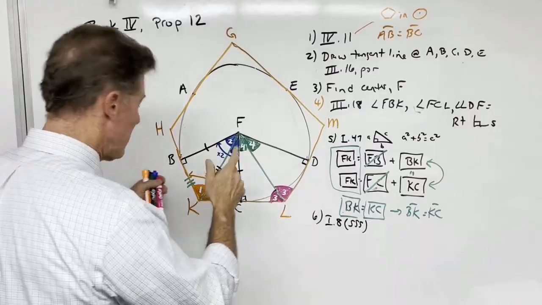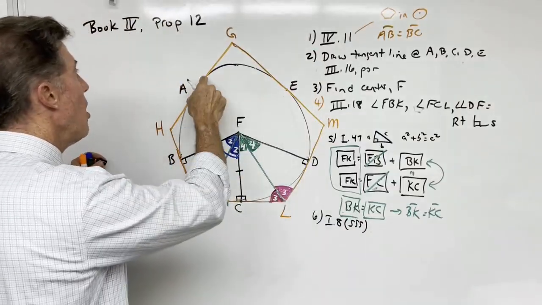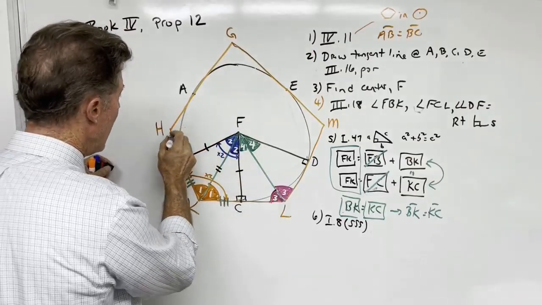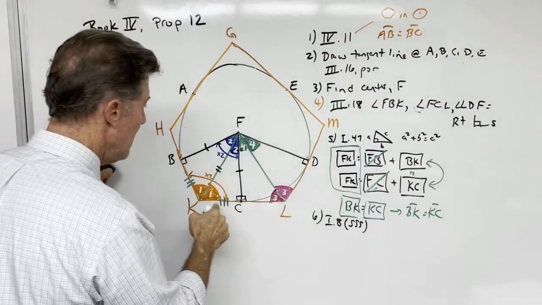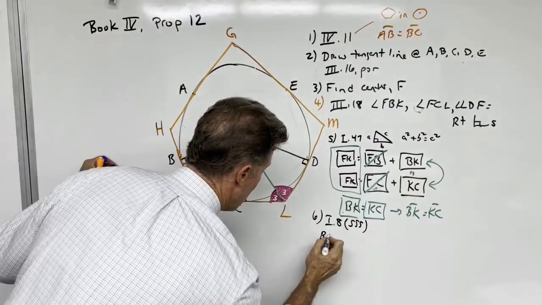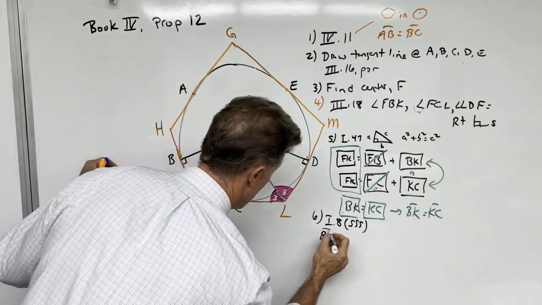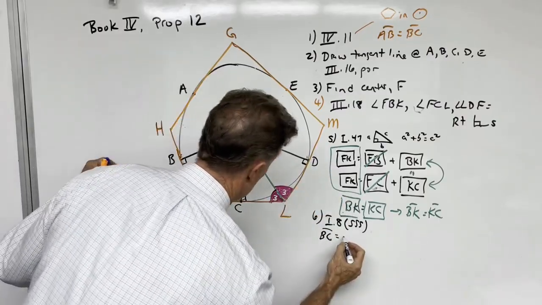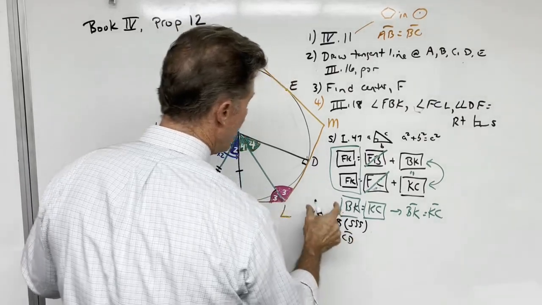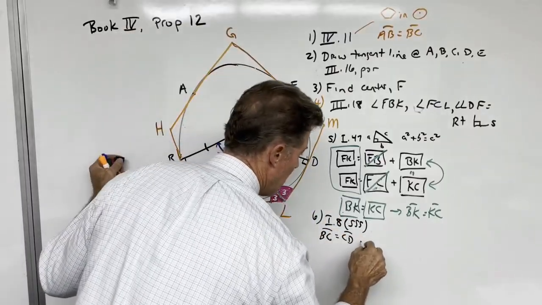Okay, now let's go back to what we knew from up here in step one, and that is that all of these arcs are equal. So arc AB is equal to arc BC, arc BC is equal to arc CD. So let's take that arc BC, which we've kind of wiped out here, but it's under there. Arc BC is equal to arc CD. And we know that when we have equal arcs, the angles that stand on them are also equal.